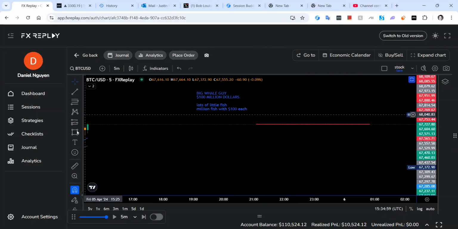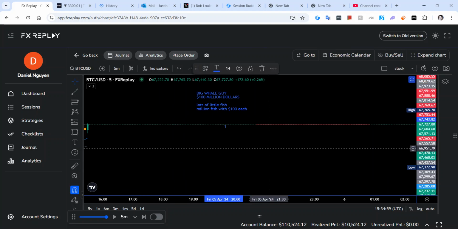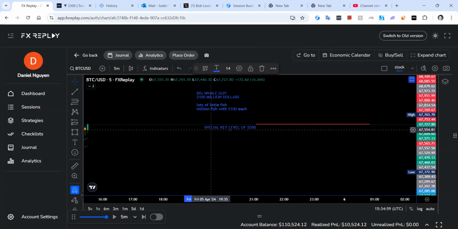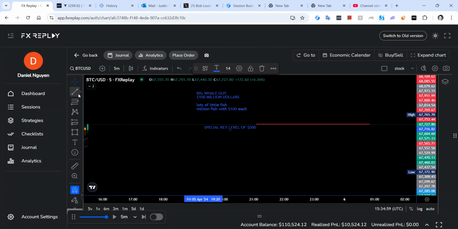It could be any level, anywhere, just for a random number. Let's say we have this special key level of $500. Okay, it's just a round number. People see it, they think, oh, this is going to be an area.